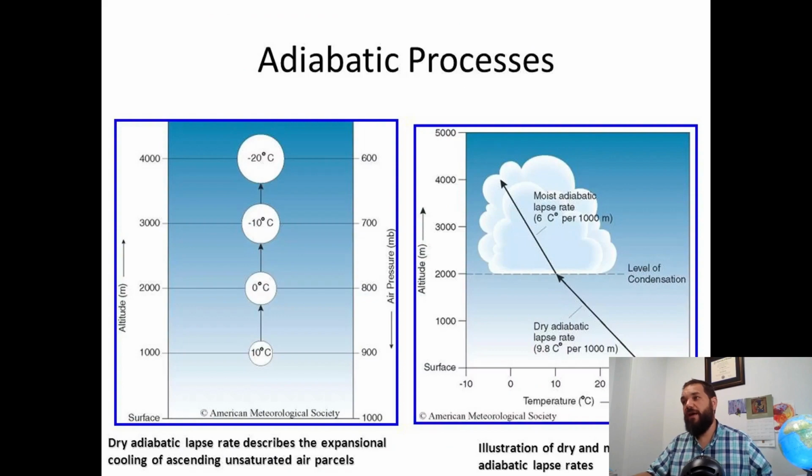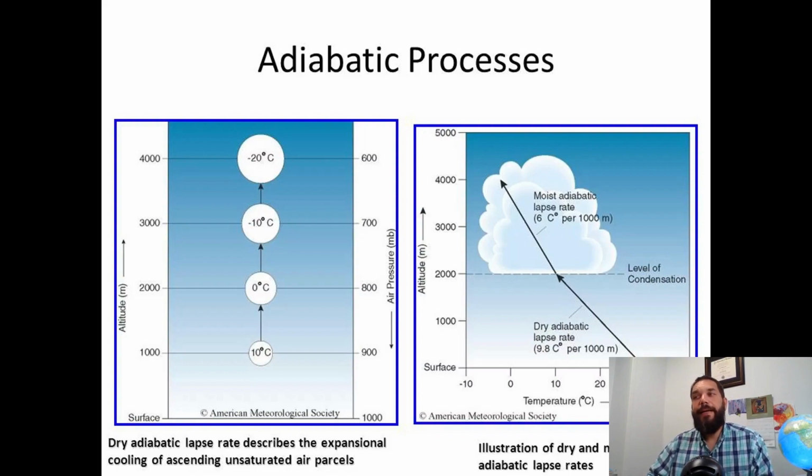We call that cooling due to pressure changes, like I said in the demo, adiabatic temperature changes. Adiabatic is kind of a weird word. It's a thermodynamic word. It actually means no energy change. It's a process that has no energy change, so even though the temperature is changing, it's not changing the overall energy of the system.